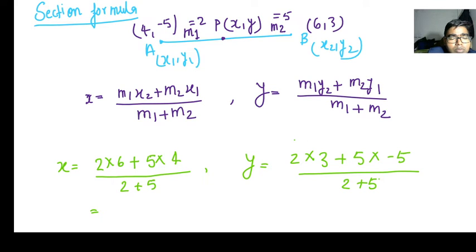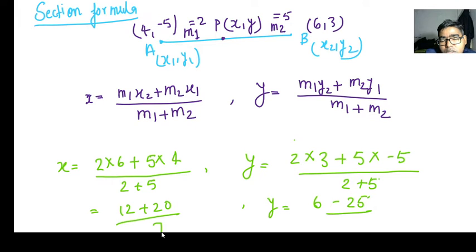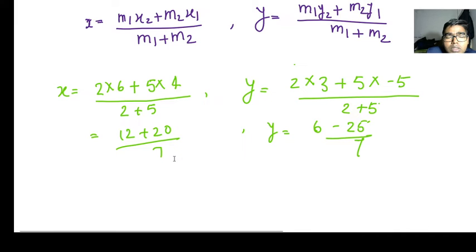So it simplifies to 12 plus 20 divided by 7, that is 32 divided by 7 as the x coordinate, and y is 6 minus 25 by 7, that is minus 19 by 7.